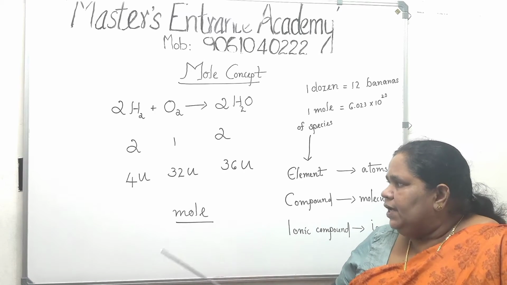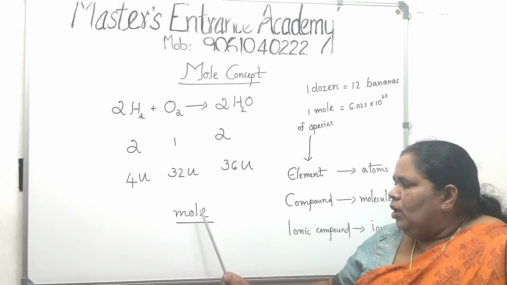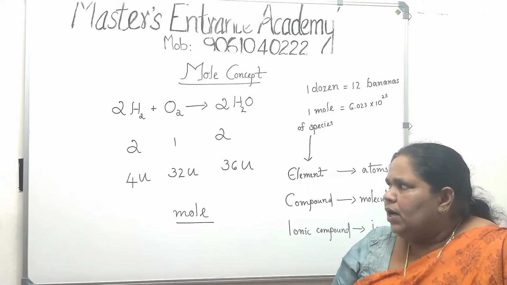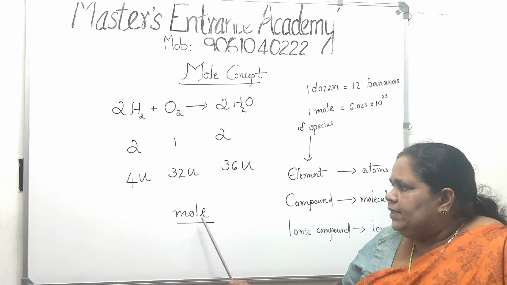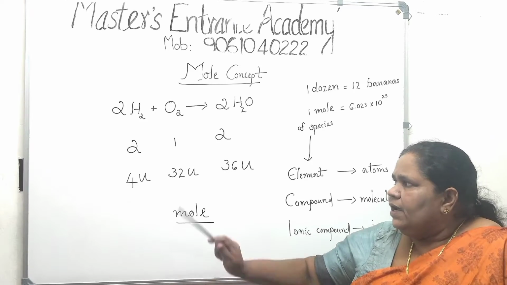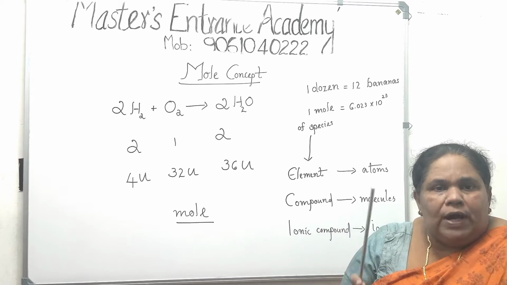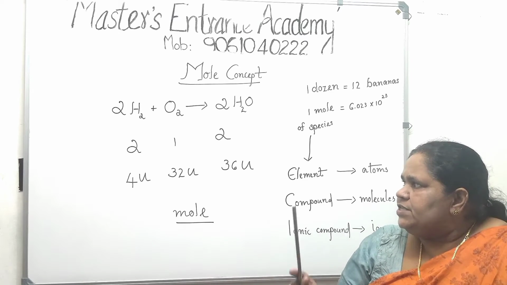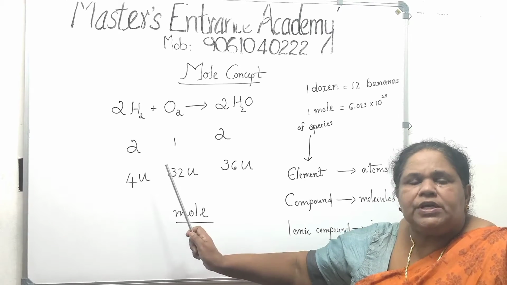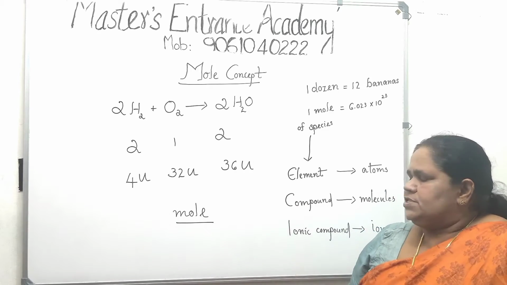That is, here 1 mole. By saying 1 mole, we specify that it contains a definite number of molecules, or 1 mole of substance contains a definite number of particles.